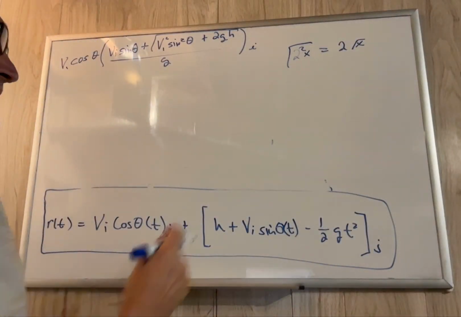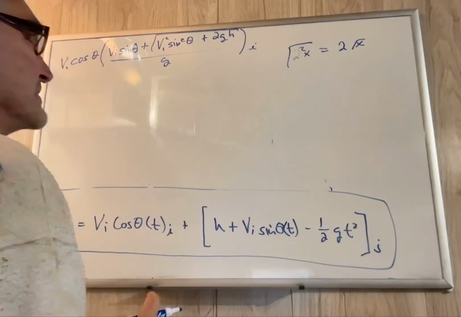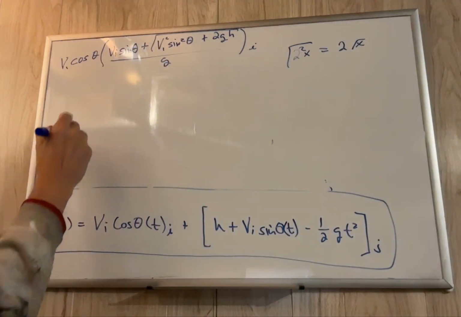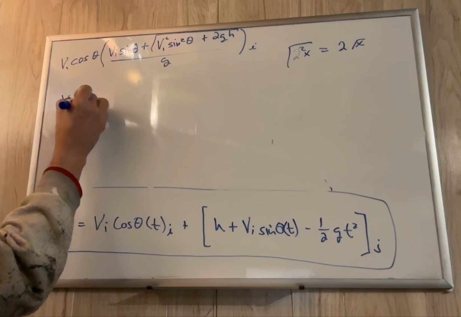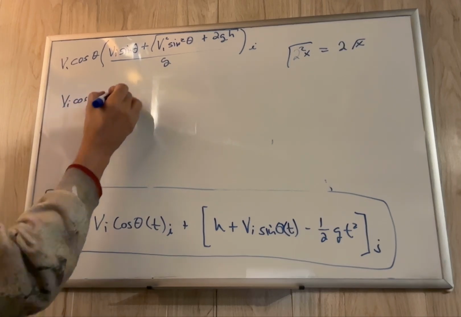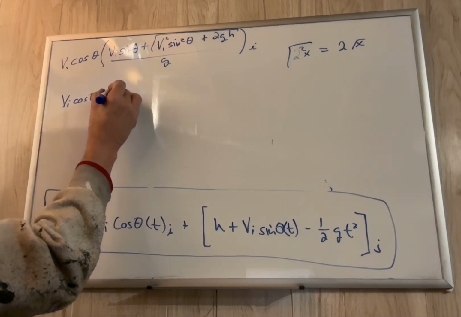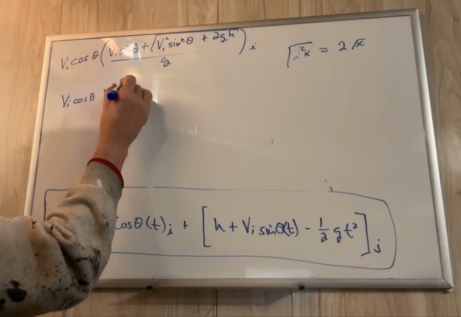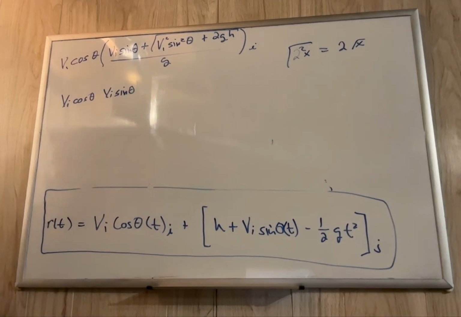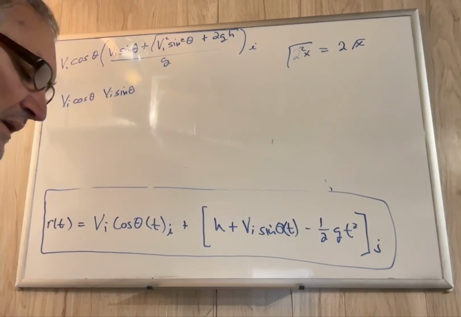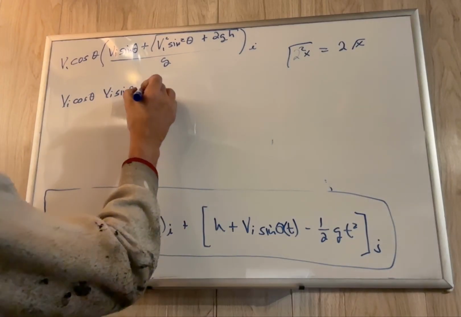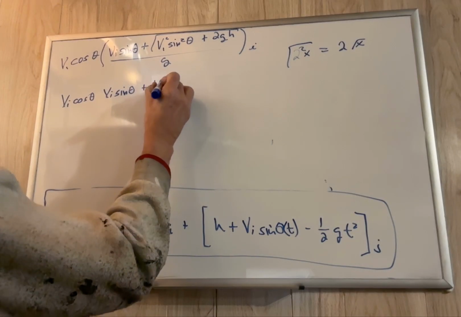So we can pull that out. So basically this is a 4. You can pull that 2 out. So you can do the same thing here. So we're going to have velocity initial cosine theta times velocity initial sine theta. So we're going to pull that velocity squared out. So we're going to have plus velocity initial, right?